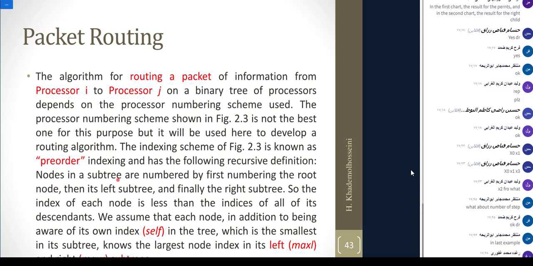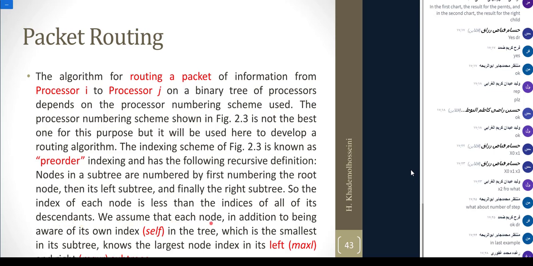Nodes in a subtree are numbered by first numbering the root node, then its left subtree, and finally the right subtree. So the index of each node is less than the indices of all of its descendants.